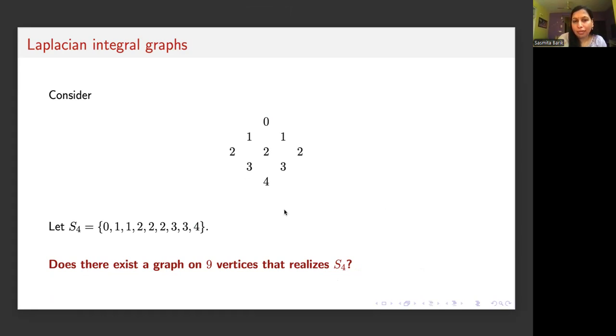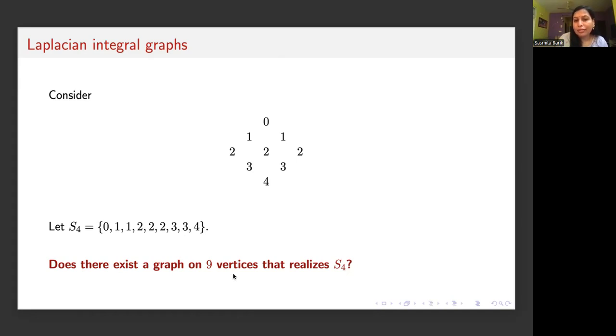Okay. So all the numbers you take as a set, and I'm denoting that by S4. So 0, and then 1 is appearing twice, 2 is appearing thrice, and then 3 is appearing twice, and then 4. Okay, consider that. This has 9 numbers.